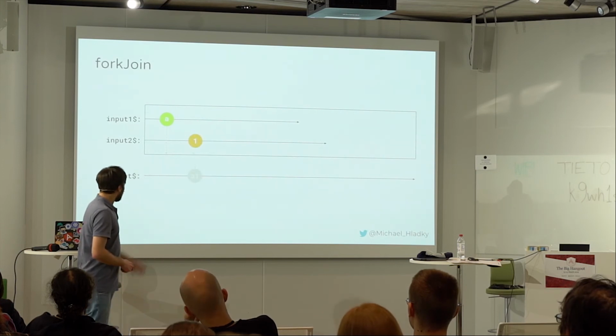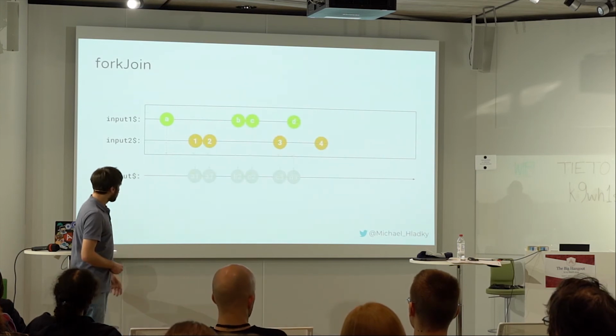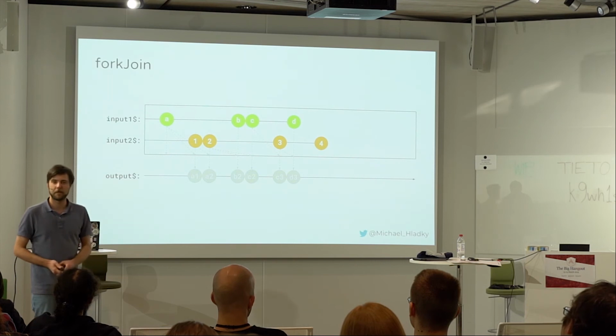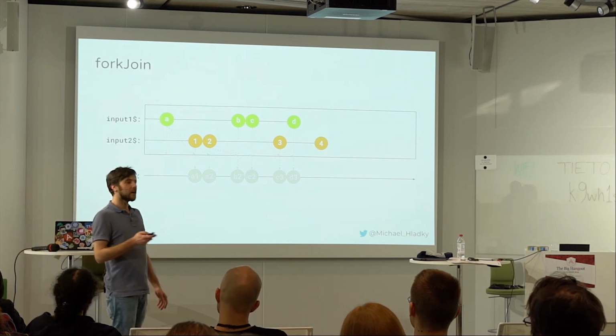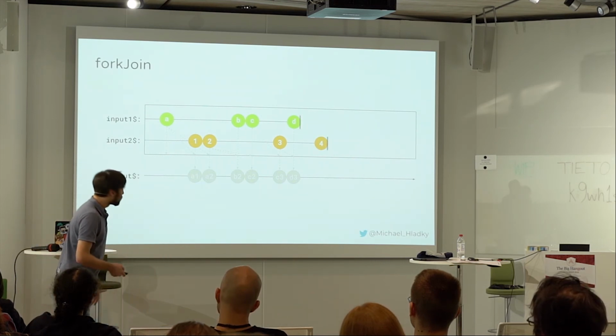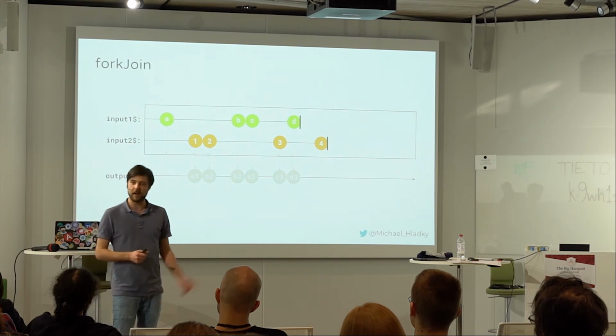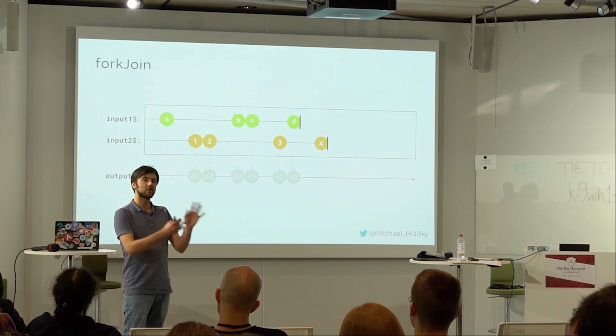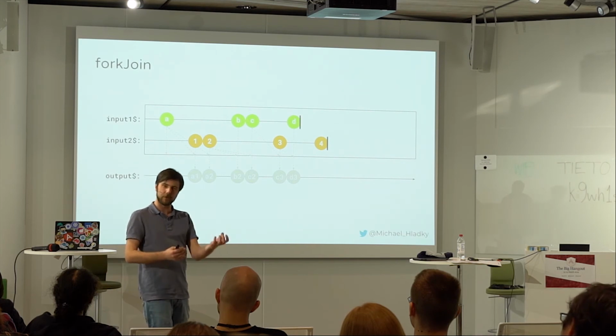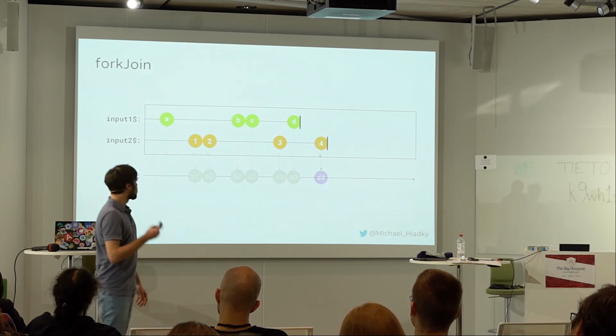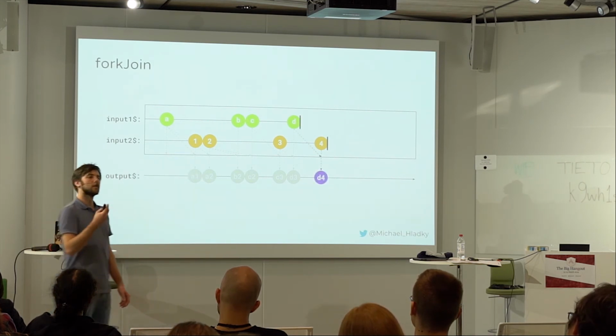I emit values and I would see those groups here, but nothing happens. Nothing happens as long as both of my observables complete, and only then, and this completion of all internal observables is the trigger, only then I will see the emission of this group here.